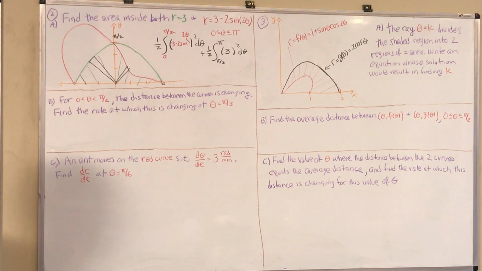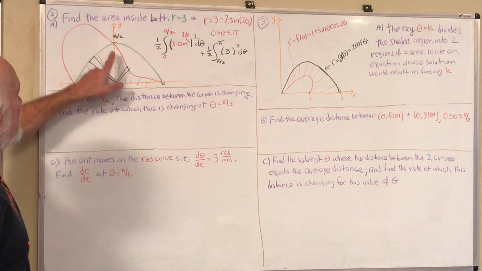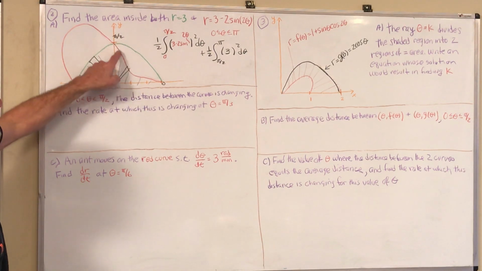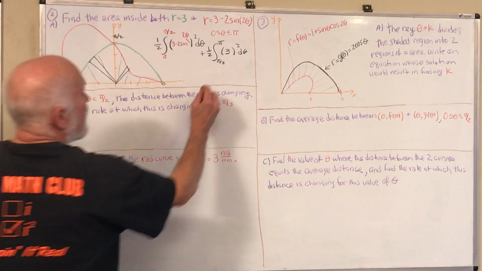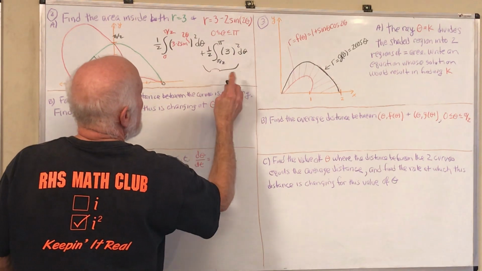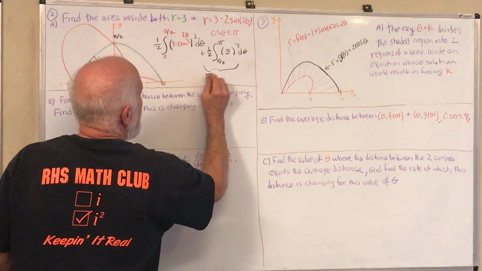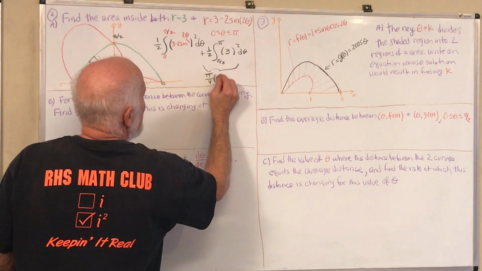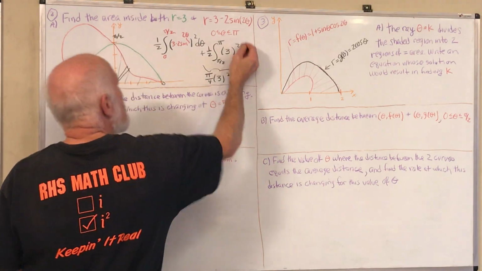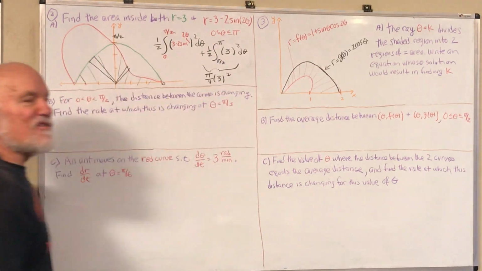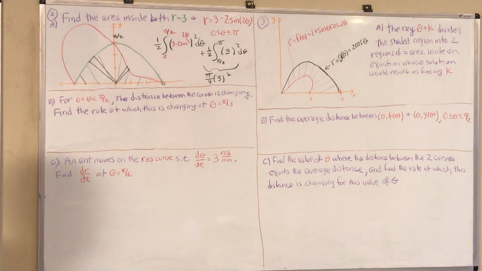If you really want to do it all in calculus. I think you can see that this second part is just a quarter of a circle. So this second part right here, you could just go pi over 4 times the radius squared. So this way is more fun. This way is a little bit easier. They should give you the same answer.